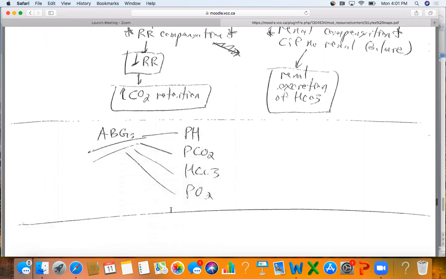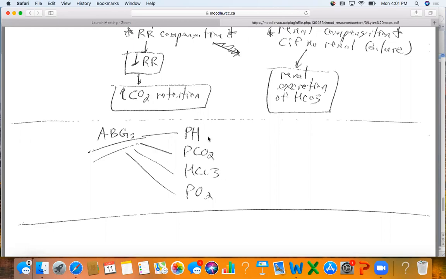Okay, just finally before we leave this video, the classic gold standard for checking pH and looking at these things is arterial blood gases, ABGs. You can get venous blood gases too, but they're not done as often. And as I said, the gold standard is arterial blood gases, and that's usually what we're getting in the hospital. And when we get that, we're measuring pH, which is the whole question of, are we acidotic or alkalotic?